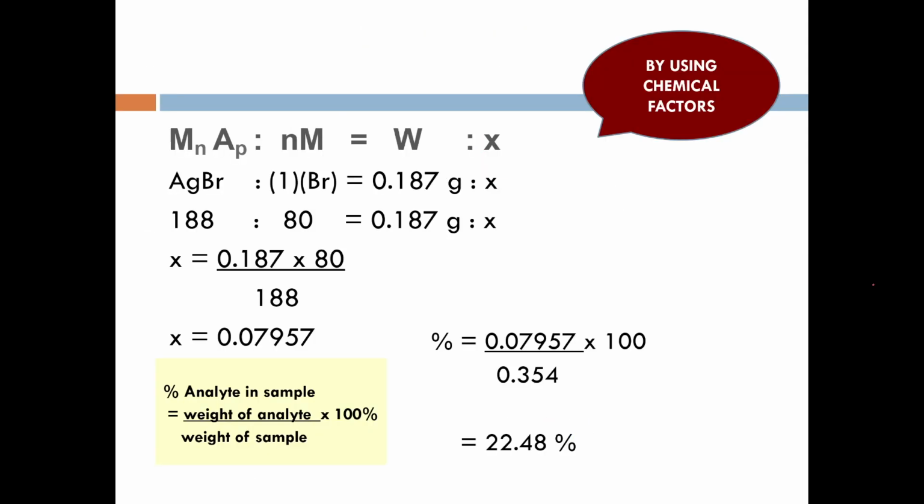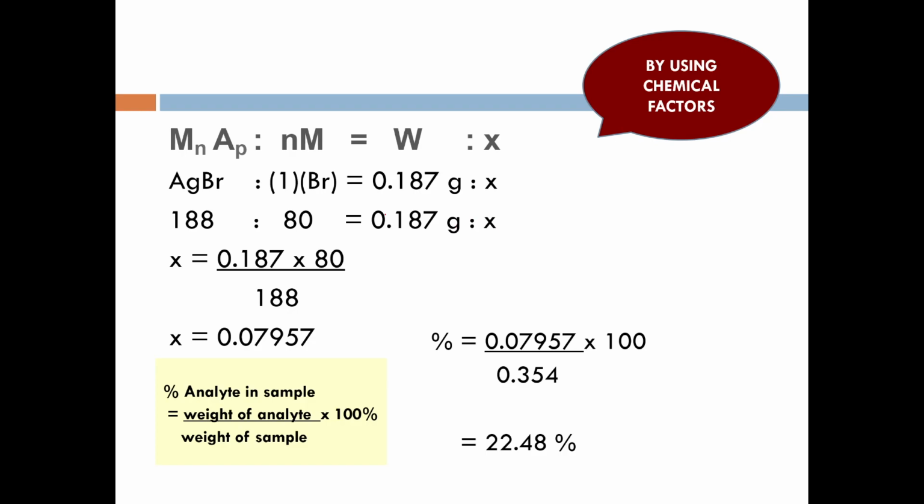And the same by using the chemical factor. By using the chemical factor, you get the same answer. Make sure you understand the chemical factor: you need to make the ratio, and by the ratio, you need to understand. If the ratio is 188 to 18, so if your new ratio is 0.187, what is the value of x?